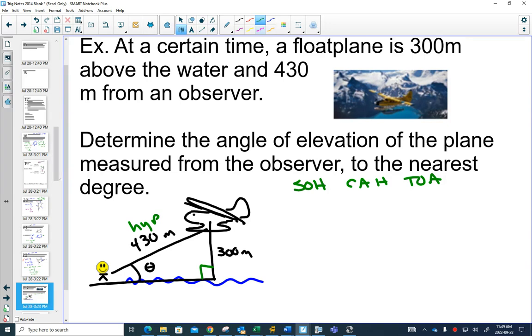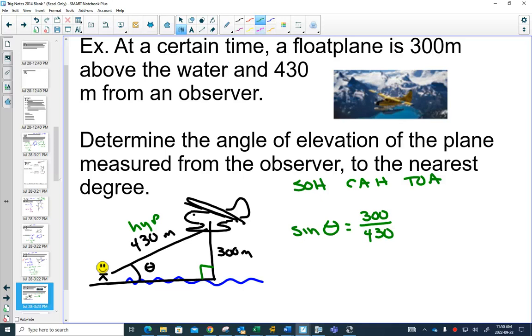I should use the sine, so I can write out that sine of theta is 300 over 430. A lot of students, I can tell you that for many students in grade 10, trigonometry is their favorite unit. Because it's not that bad once you know the definition, SOHCAHTOA. Just have to know how to label opposite and hypotenuse.